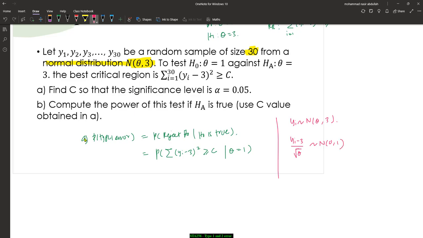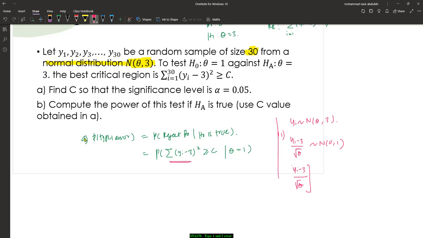This is the first information we know from our knowledge. When we compare to the rejection region here, (yi minus 3) squared, we are taking a summation here. We don't take the summation yet. We square everything.